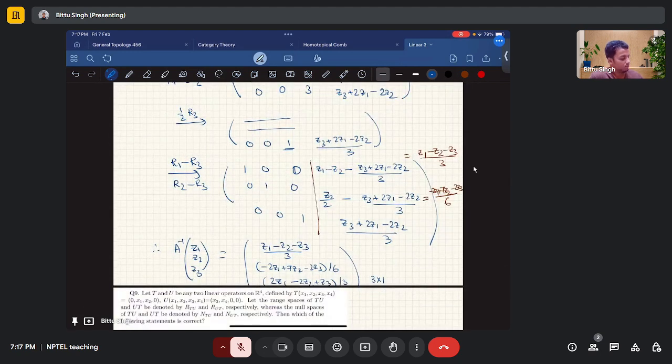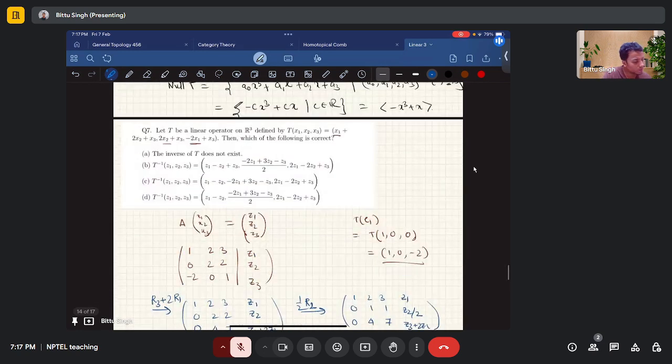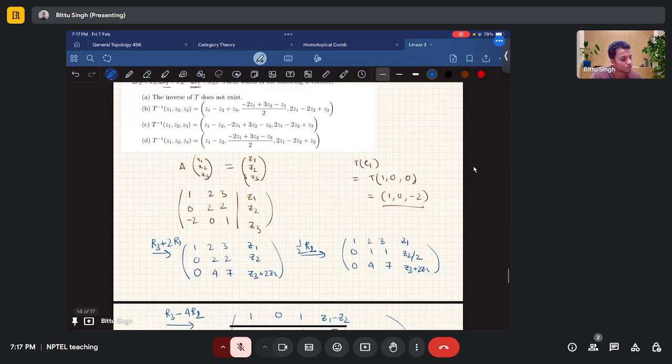So the first one must be Z1 minus Z2 plus Z3 by 3. So it is not matching. I have made some mistake. Let me find where the mistake is.